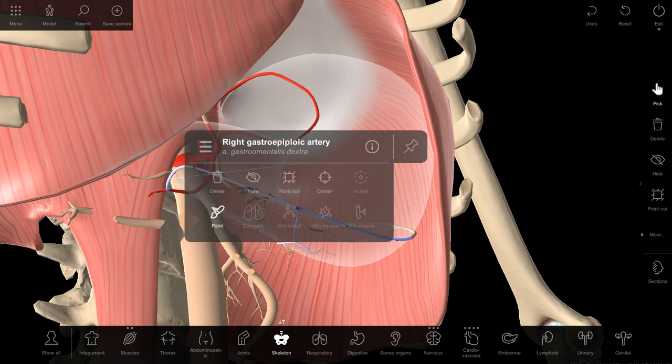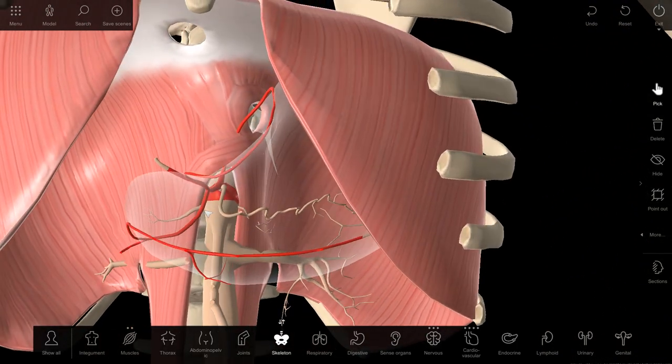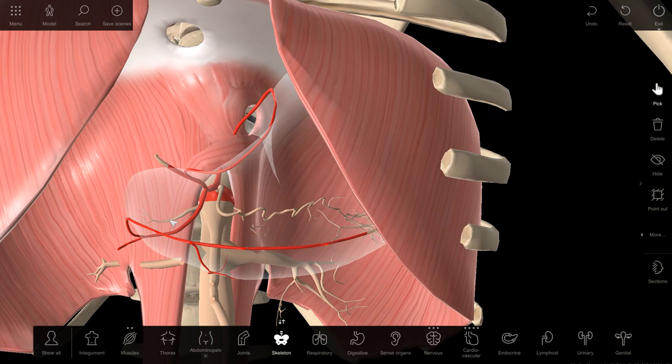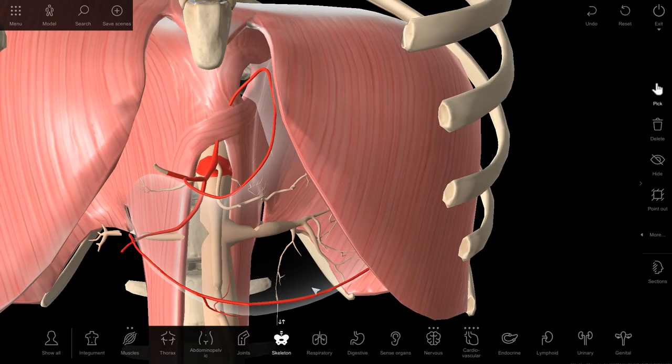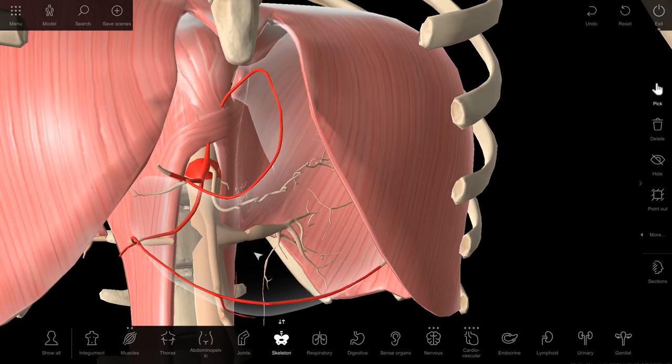So let us colorize it. Arteria gastroepiploica dextra, which is branch of Arteria gastroduodenalis. And we can see that Arteria gastroepiploica dextra runs on curvatura ventriculi major.